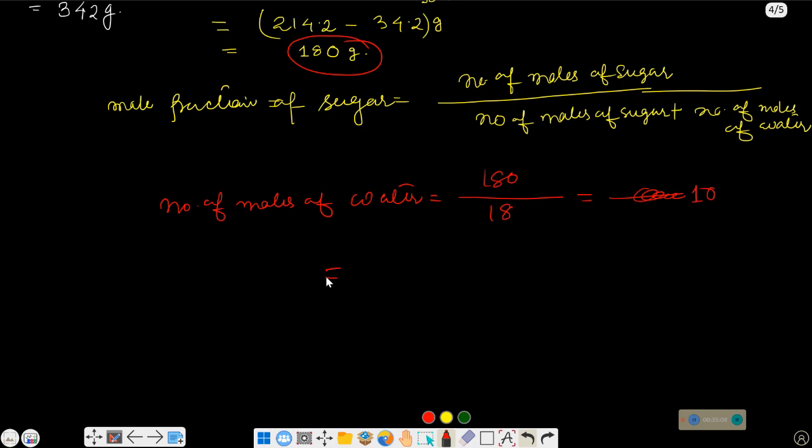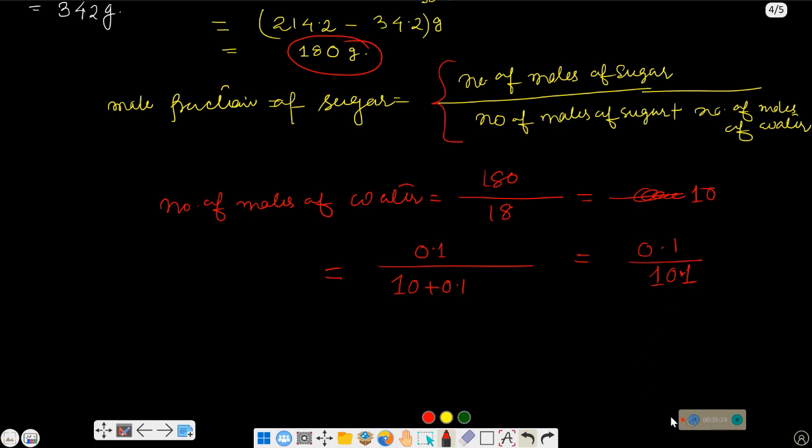Put in this formula: number of moles of sugar is 0.1 divided by 10 plus 0.1, which is 0.1 by 10.1. If you calculate, you get 0.0099. So these are very simple problems. This is your answer.